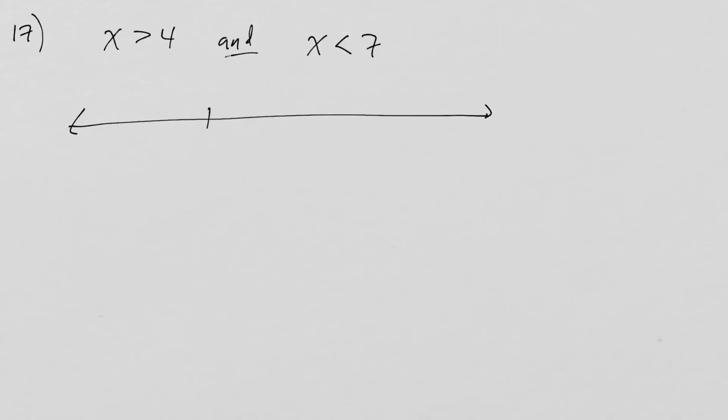Okay, number 17, we have X is greater than 4 and X is less than 7. So if you were to look at a number line, and if you put the numbers in order, 4 always goes to the left of 7. Okay, so greater than 4 looks like that. Less than 7 looks like this.